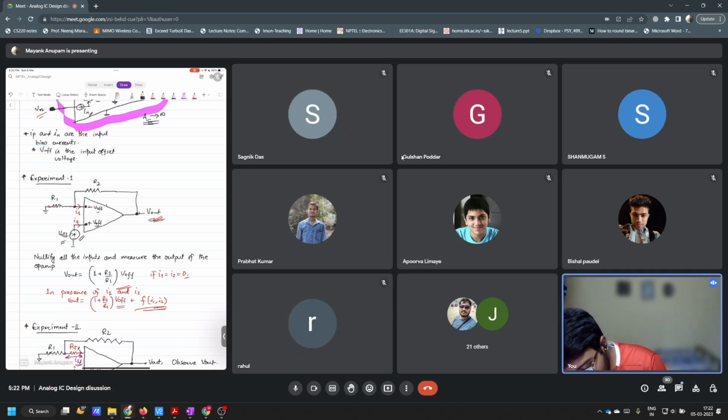Now you can write the KCL at this node, the inverting terminal.